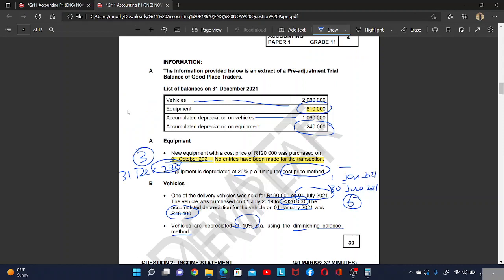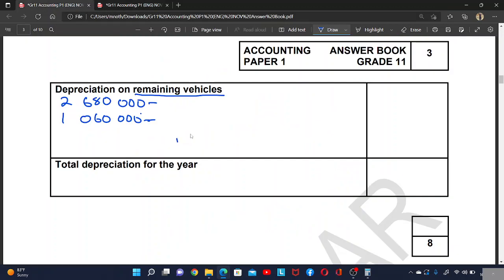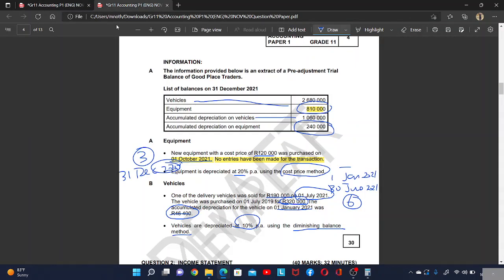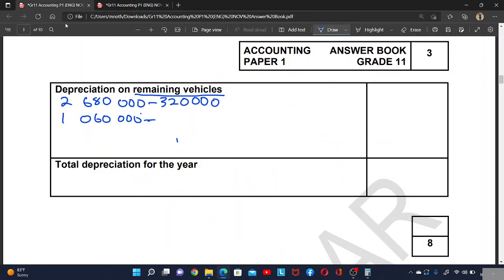The cost of the asset sold is 320,000, so minus 320,000. We also subtract the accumulated depreciation of the asset sold, which is 46,400, so minus 46,400. The answers are 2,360,000 and 1,013,600.